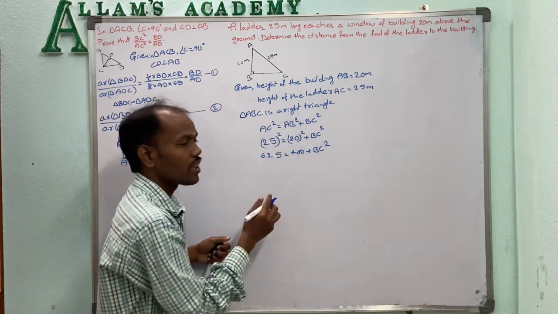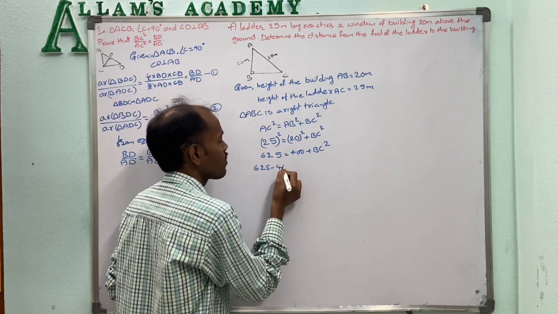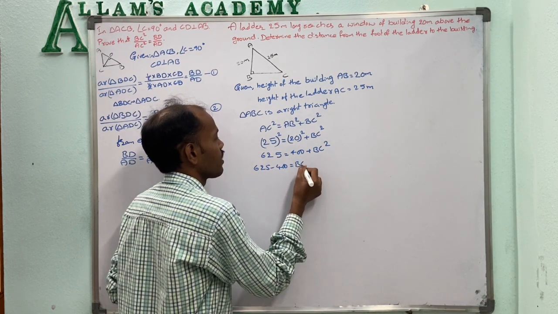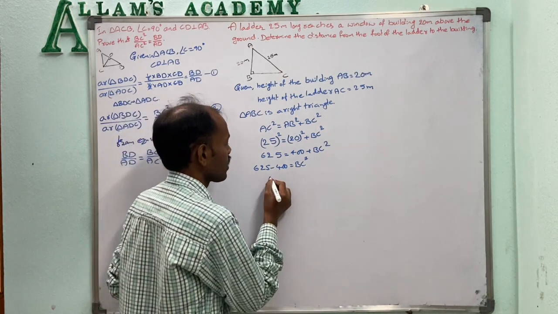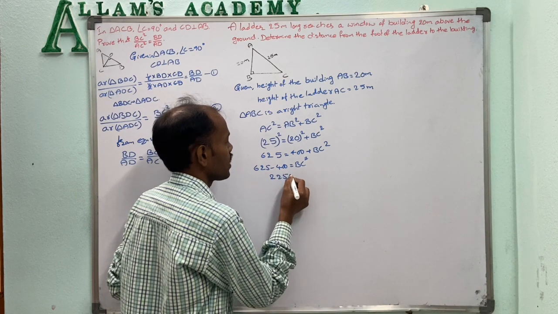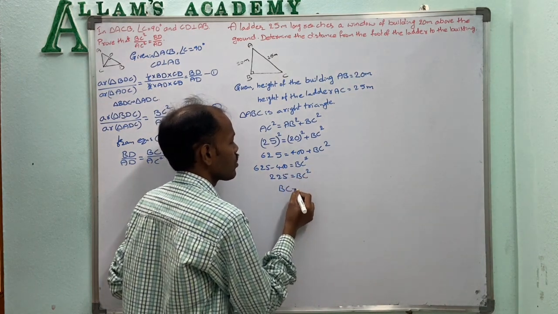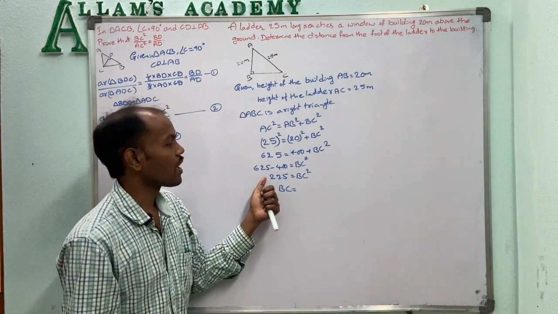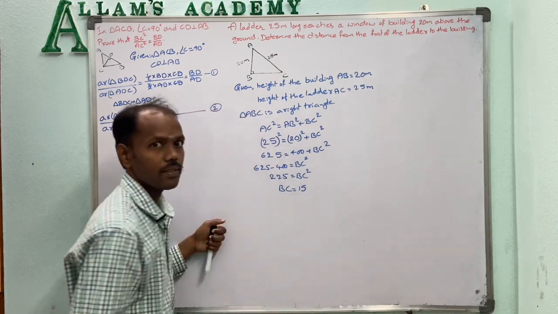Now 400 is transferred to this side as minus 400. 625 minus 400 equals BC square. 625 minus 400 is 225. So 225 equals BC square, so BC equals the square root of 225, which is 15.